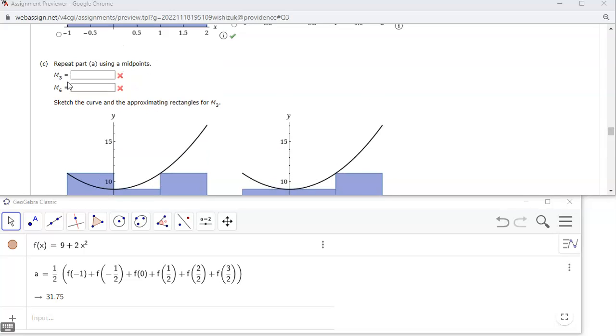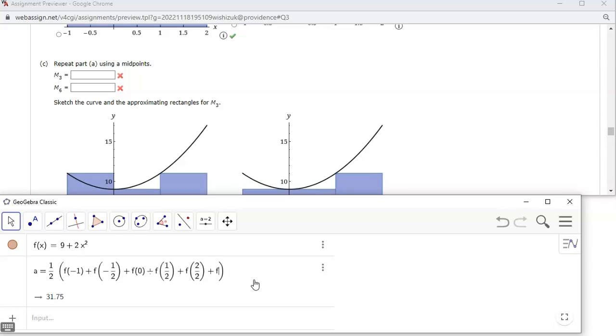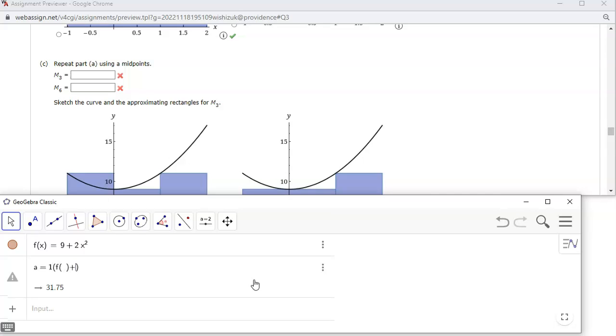Let's do part C. This is going to be a midpoint, so M3. Delta x is going to be 1 for M3, and we're going to have 3 of them.